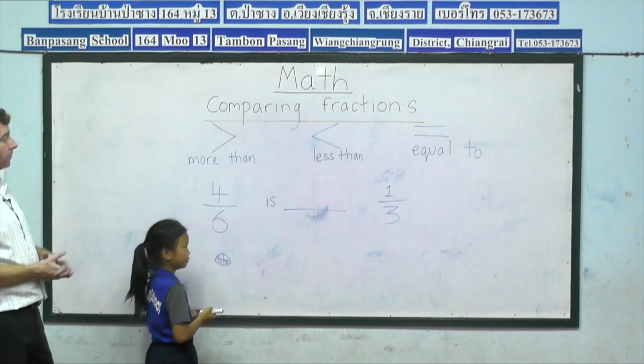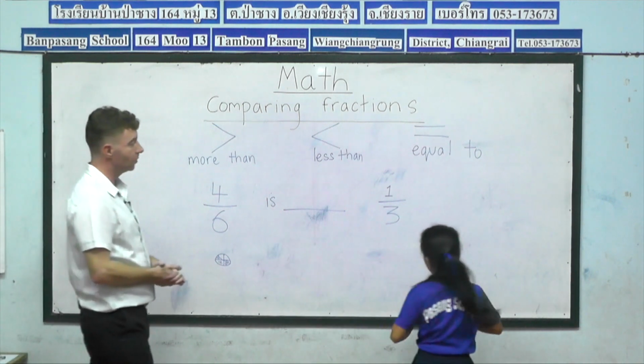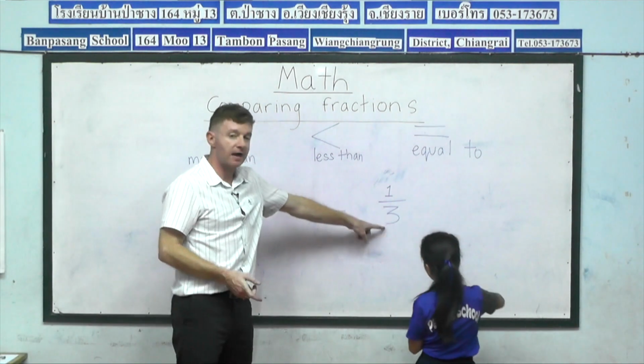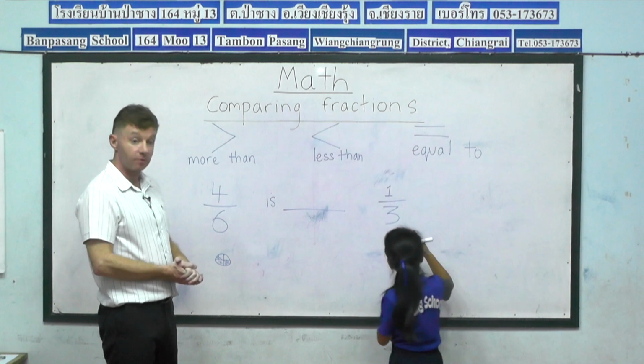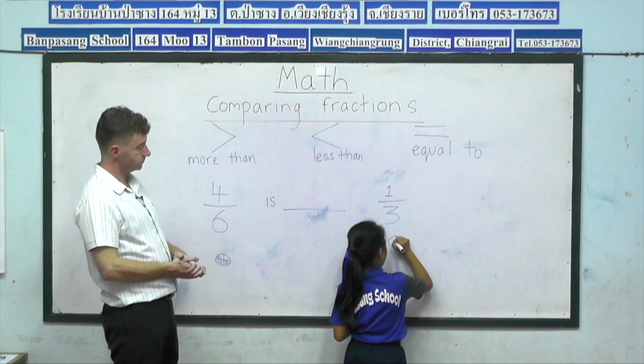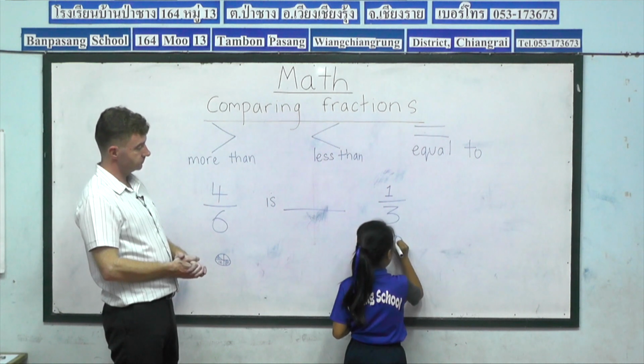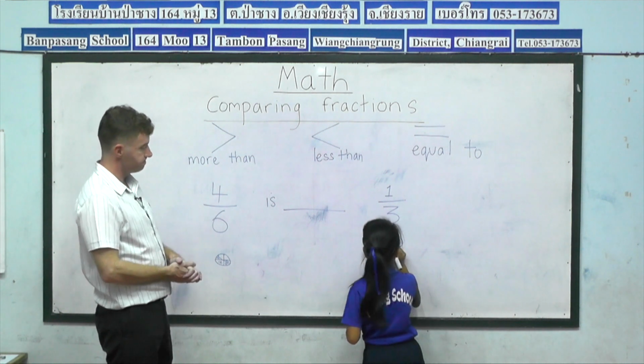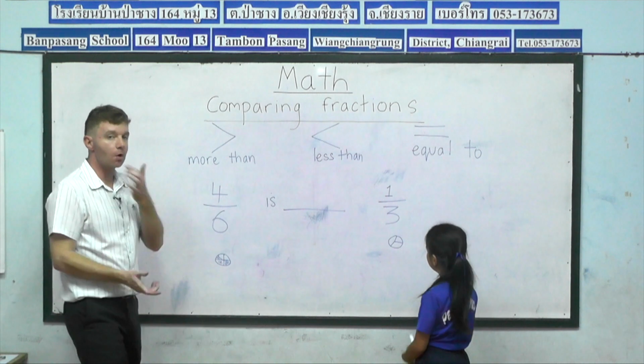Okay, now let's move on to the next fraction, which is a circle with how many parts? 3. Okay, and then how many parts are coloured in? 1.